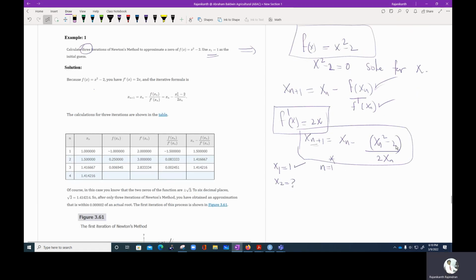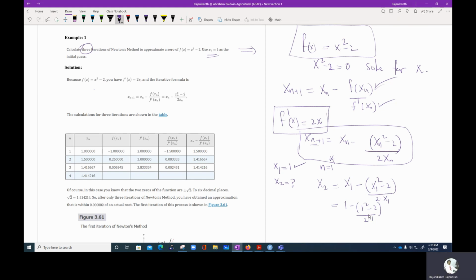Plugging 1 everywhere you have n, you get x2 equals x1 minus x1 squared minus 2 over 2 times x1, right? Now the initial guess was 1, so x1 is 1. Simply plug in 1 there.